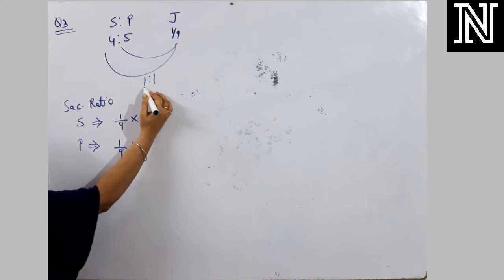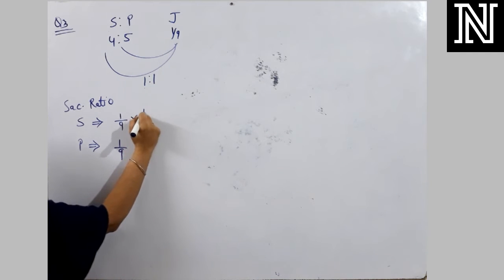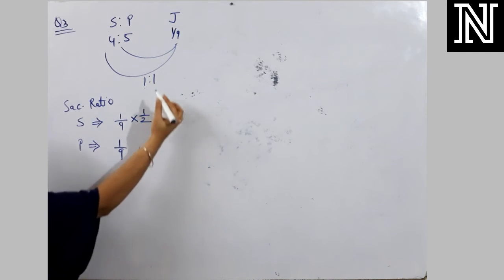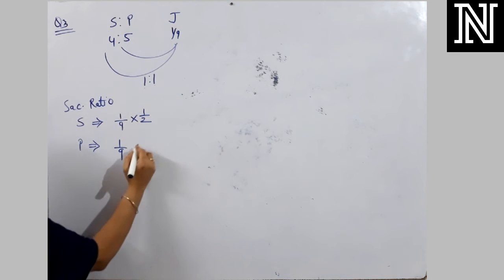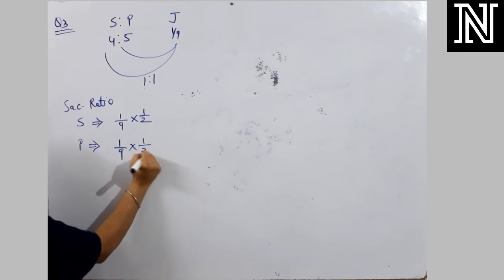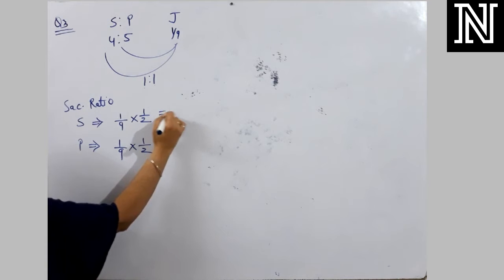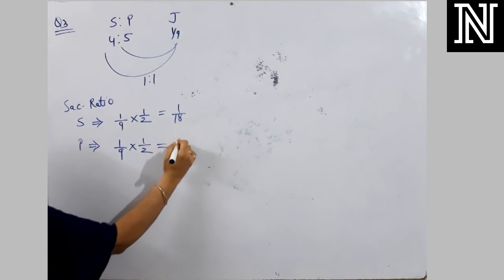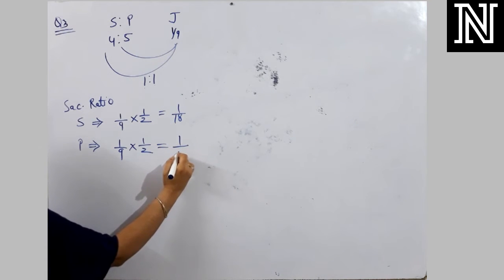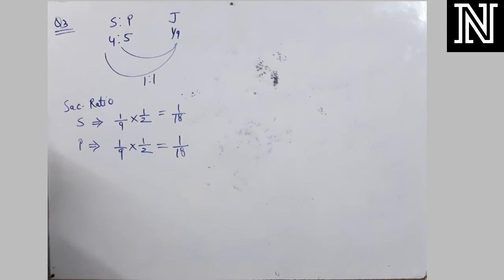Ratio for S is 1, so 1/2 S is bearing. Ratio for P is also 1, so 1/2 P is bearing. So 1/18 S is giving to J and 1/18 P is giving to J. Tell me, is this much clear, how we have calculated the sacrificing ratio?